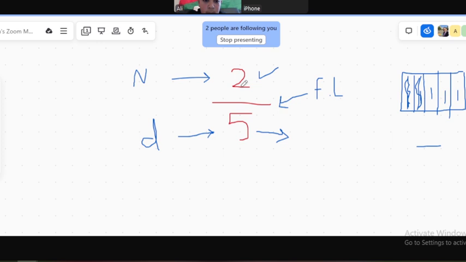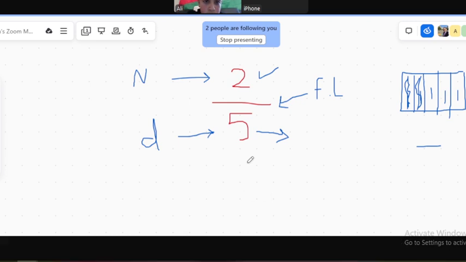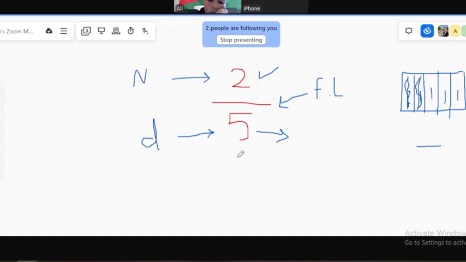So any number in the numerator, we read it as it is. But in the denominator, we read it after adding THS. So 5, we read it 5ths. 6, we read it 6ths. 7, 7ths.